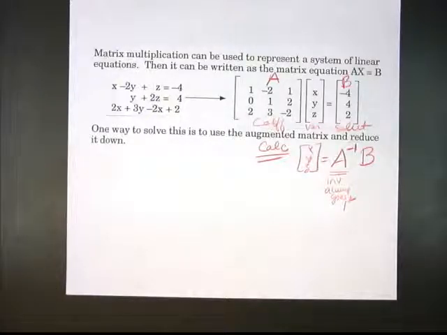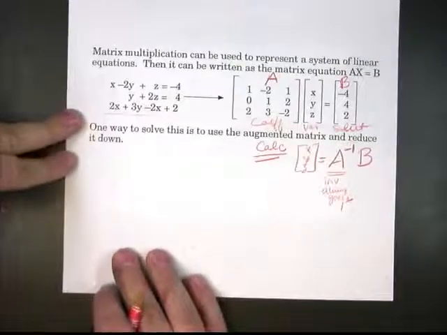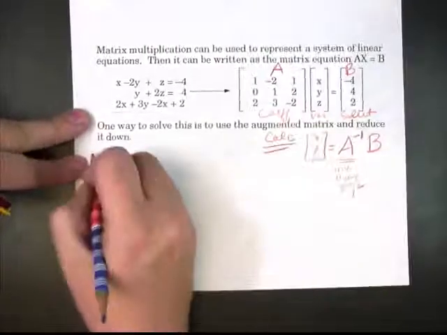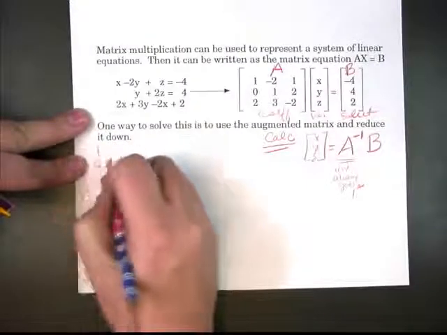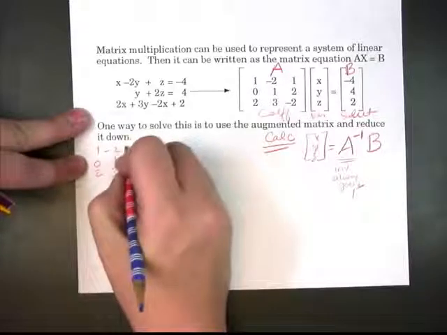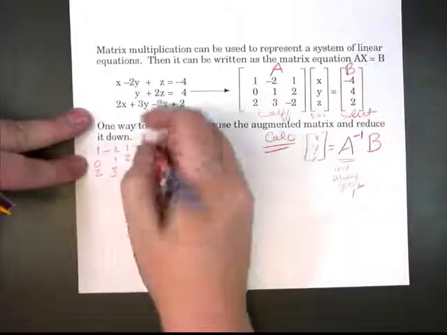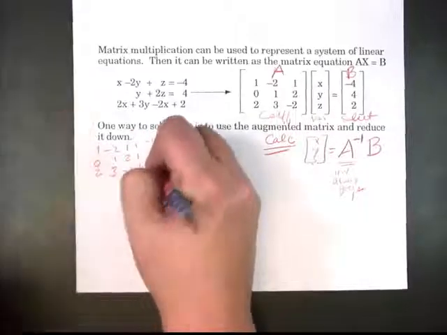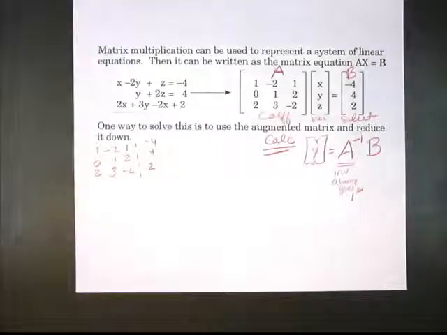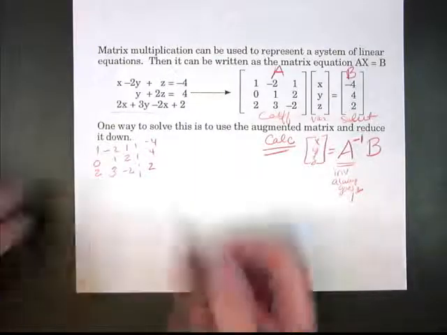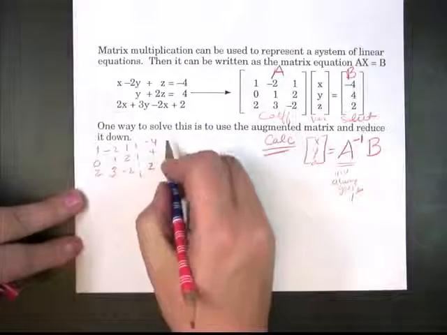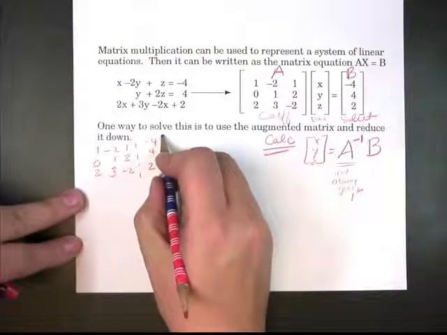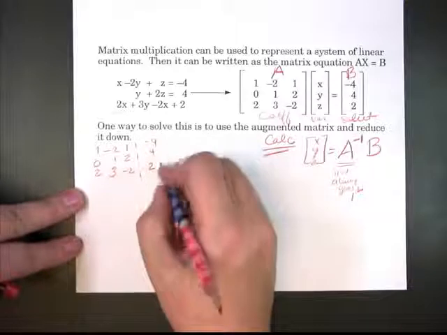We are very capable of doing it by hand, hopefully by now, because we know how to do the row echelon and Gauss-Jordan methods. So what I can do is start doing my rules. For example, I could take -2 times row 1 and add it to row 3.